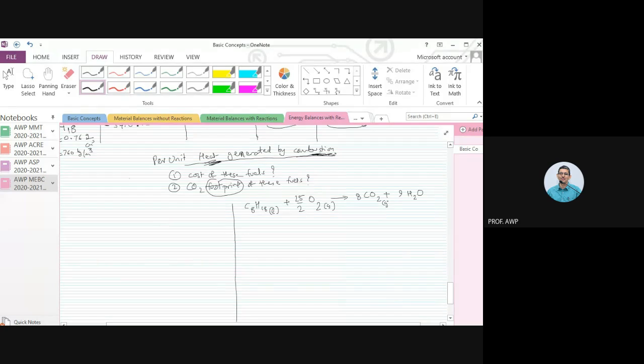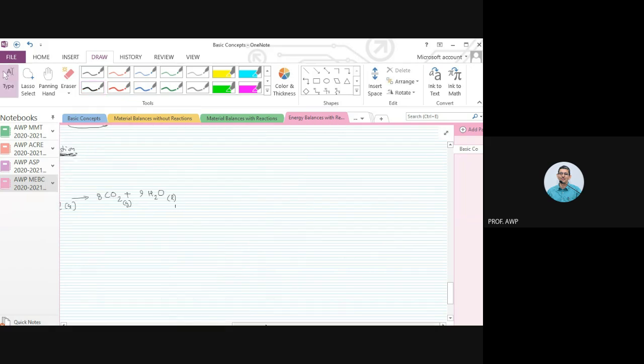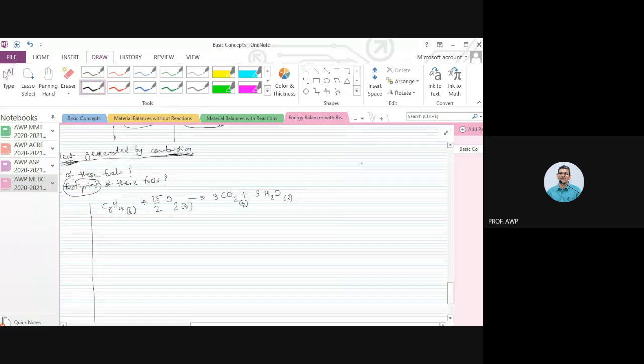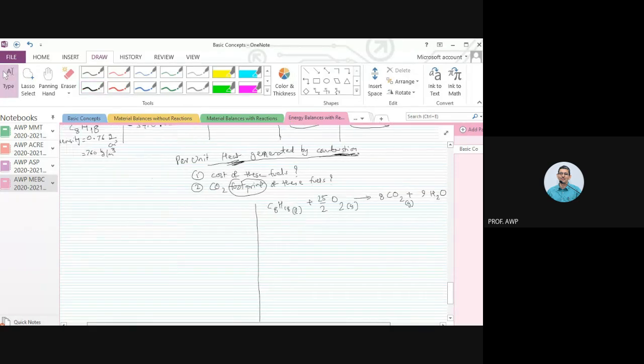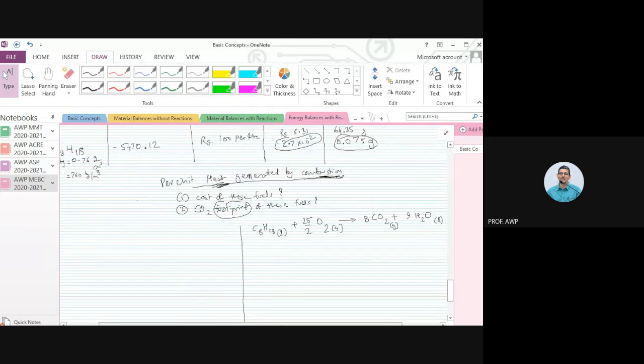Oxygen and CO2 in the gas state, water in the liquid state, and the standard heat of combustion, delta H, that we are told, is 5470.12.